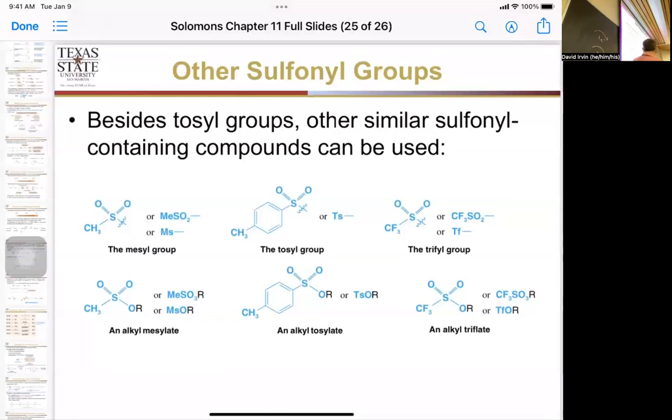MsO is the methyl sulfonic acid. TsO is our toluene sulfonic acid. And Tf or TfO is our triflate, trifluoromethane sulfonic acid. All right. But notice the structure is the same. All we're doing is making that OH a better leaving group.